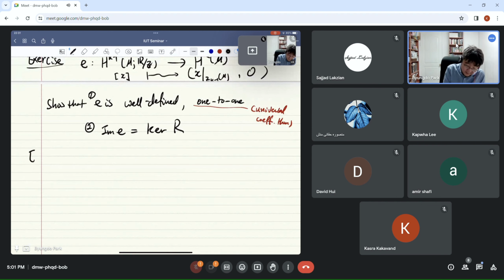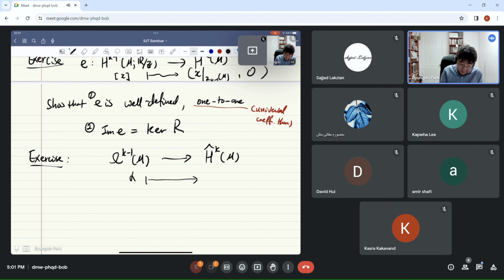Now, the next exercise is taking a degree k minus 1 differential form that goes into H hat k of M. What you do is take a differential form alpha, and then you send it as follows.